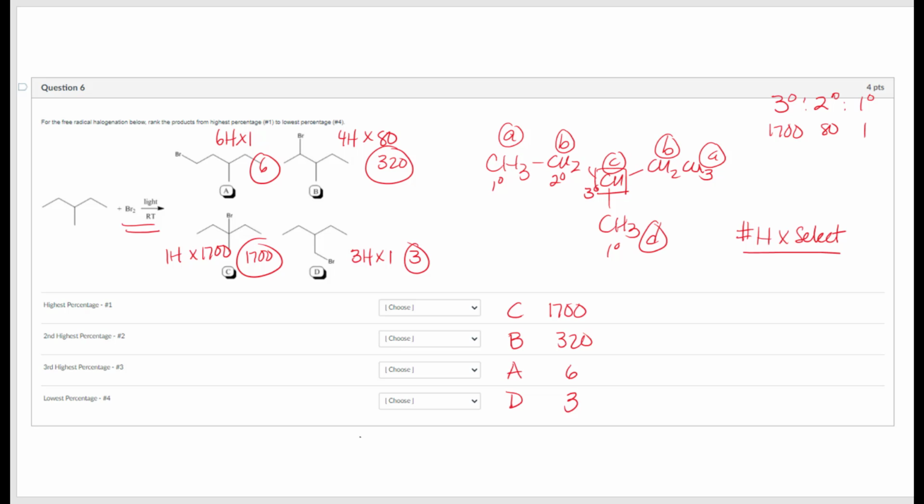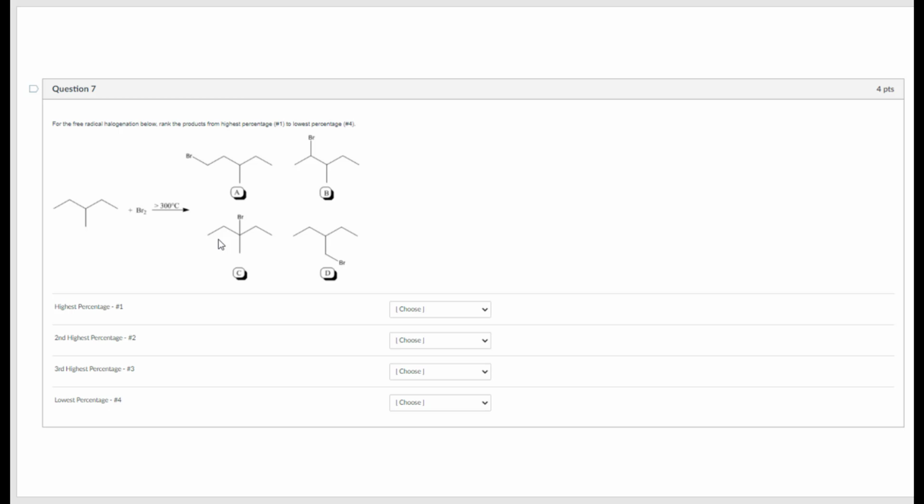Okay, and then for the final reaction, same molecule. Only in this case, we still have A and B and the CHC.